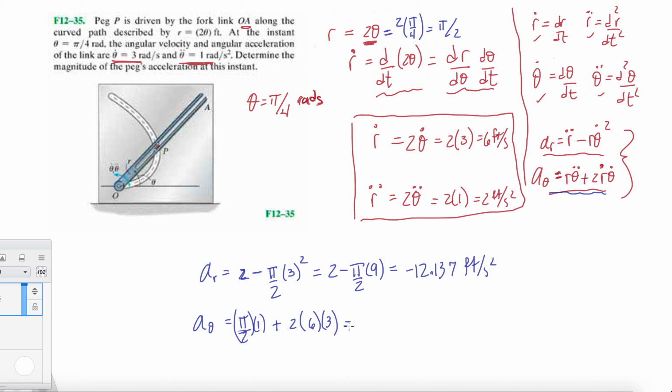Okay, and then this gives us 37.57 feet per second squared.